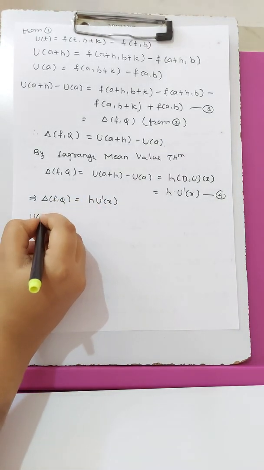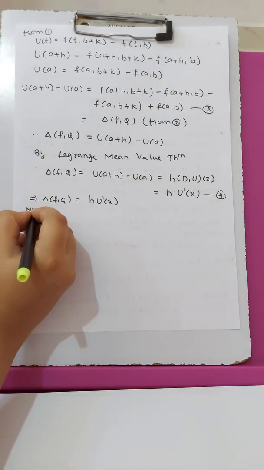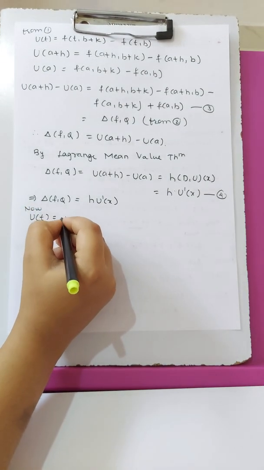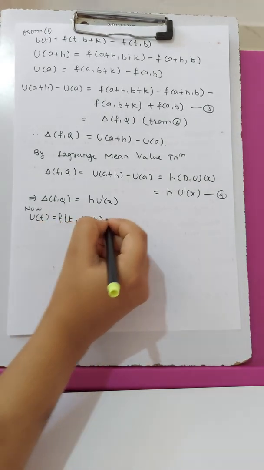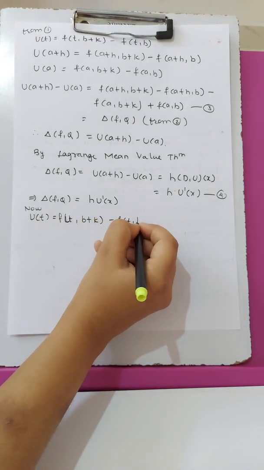Now as we know that u(t) equals f(t, b plus k) minus f(t, b), therefore u dash(t) becomes f dash(t, b plus k) minus f dash(t, b).